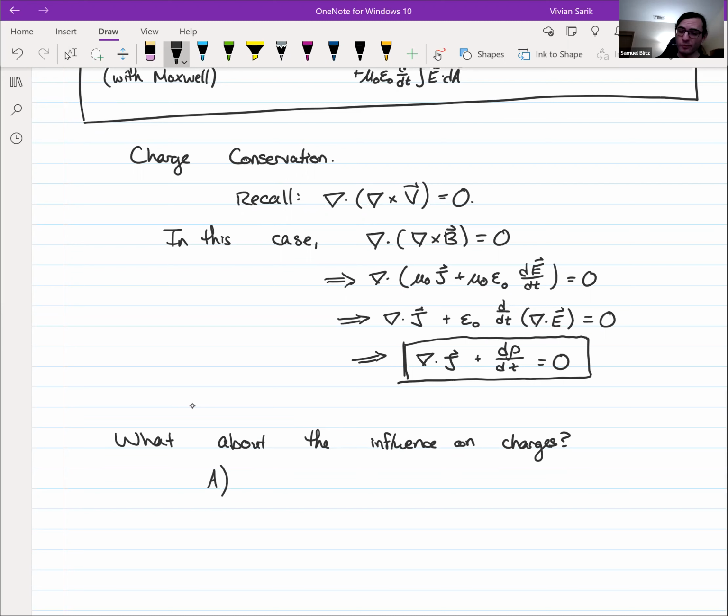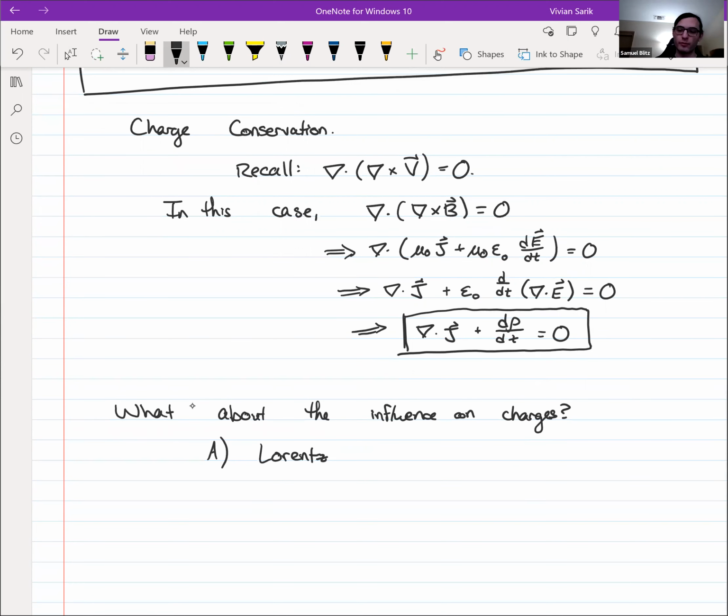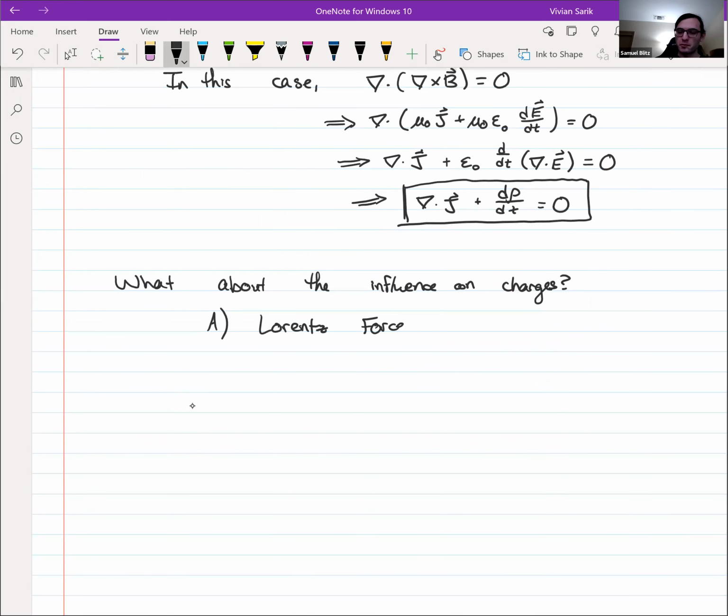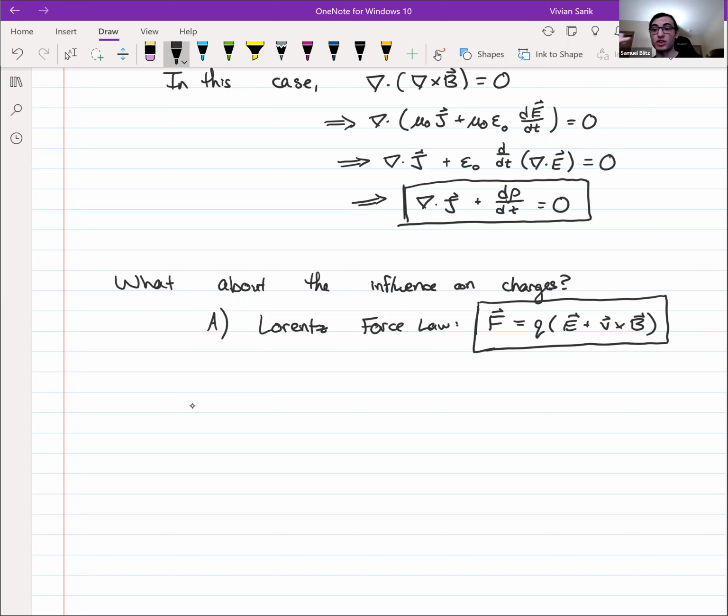One of them is just you give your set of Maxwell's equations, and then you also specify, like if you want to fully describe a system, you need your Maxwell's equations, and then you need the Lorentz Force Law, which is the following. It's just that the force on a charge is Q times E plus V cross B. That would be enough. Maxwell's equations would tell you what E and B are, how they relate to the charges, and the Lorentz Force Law will tell you how those charges relate to the electric and magnetic fields. Now, it would be a little bit involved if you have moving charges that are creating their own electric and magnetic fields and all interacting with each other, but in principle, it's fully described.